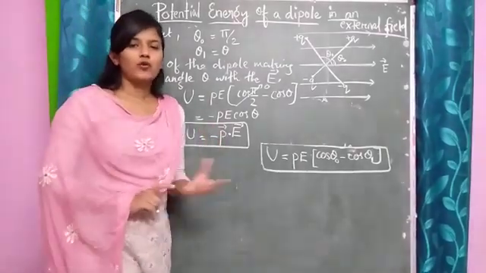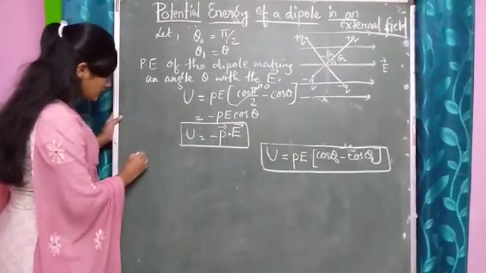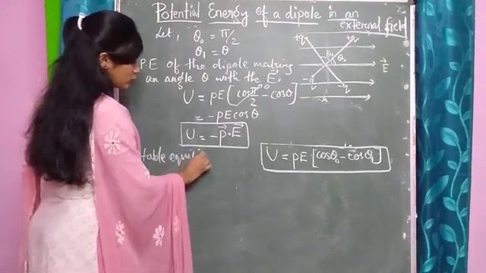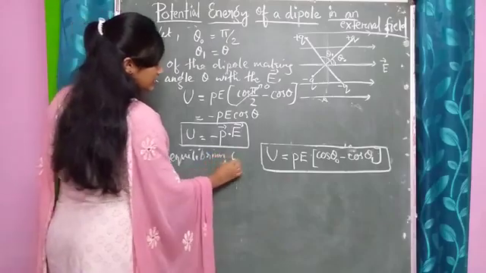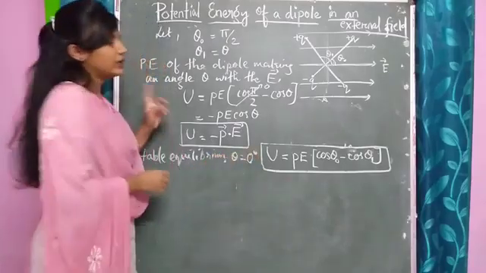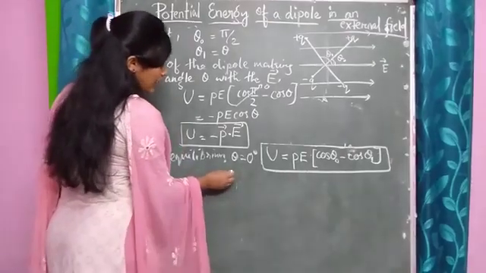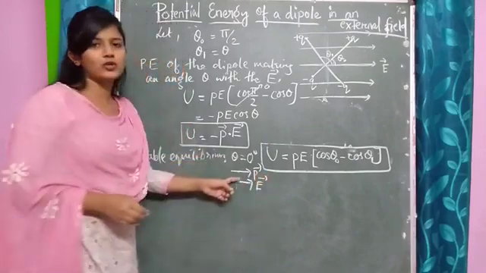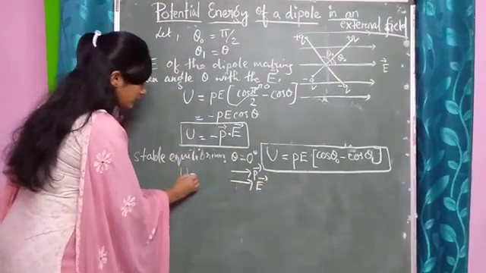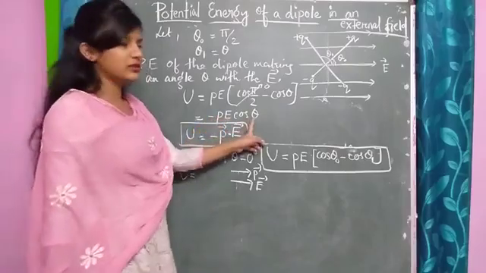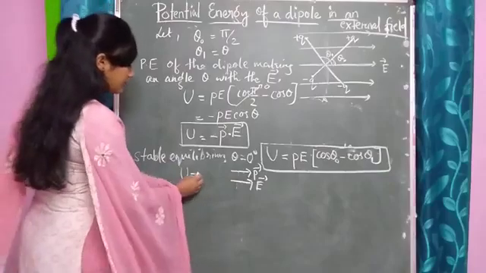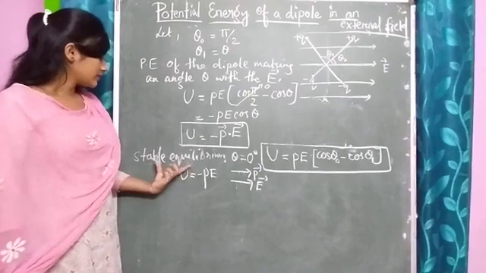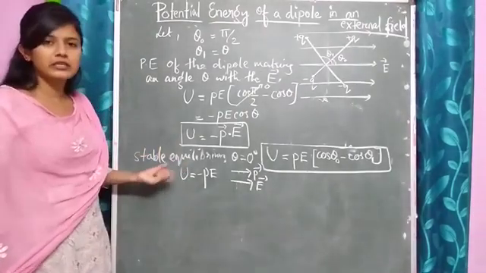Now I can go for cases. One is stable equilibrium. The dipole is in stable equilibrium when P and E are parallel to each other, that means theta is 0, and the expression will simply be U equals minus PE. This denotes the stable equilibrium case.